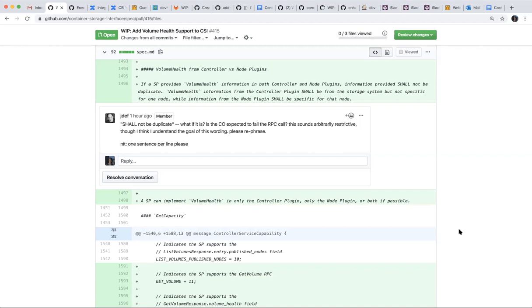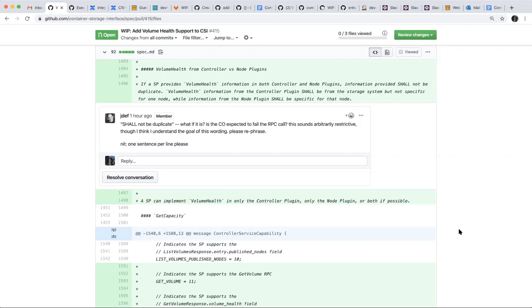I'm going to push on this a little bit because it sounds a bit strange to me. You're saying that if we call node health on a particular node, and there's some systemic problem on the volume itself, that should also be reported by the controller? No, let me finish the question.